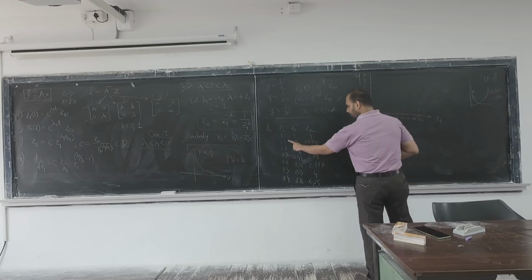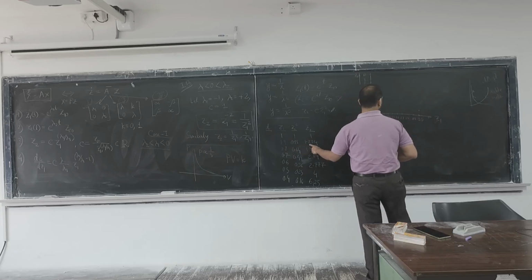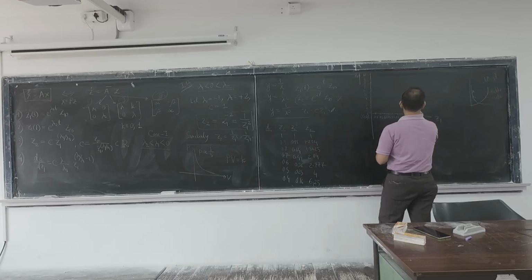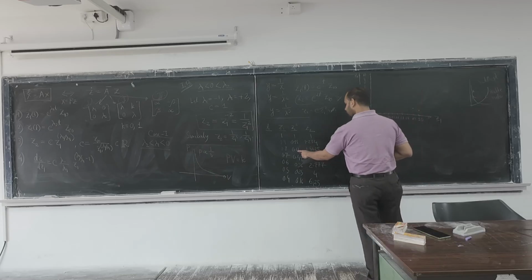After that, 0.9, 1.234. Or something like here. After that, 0.8, 1.56.